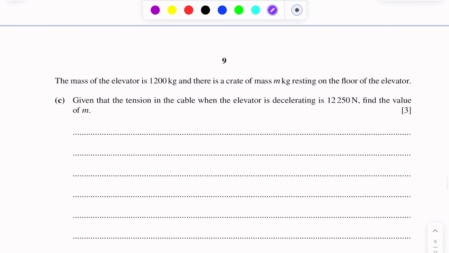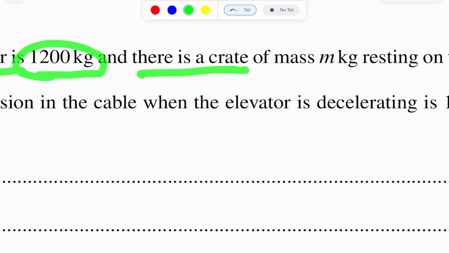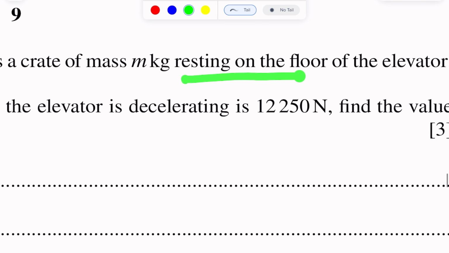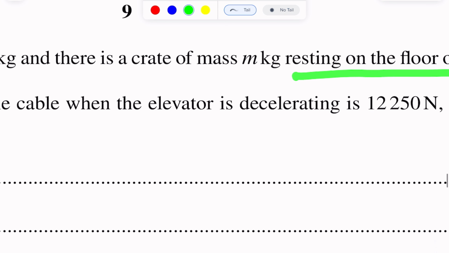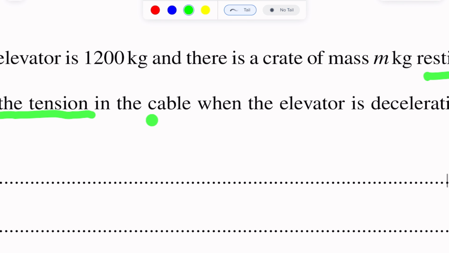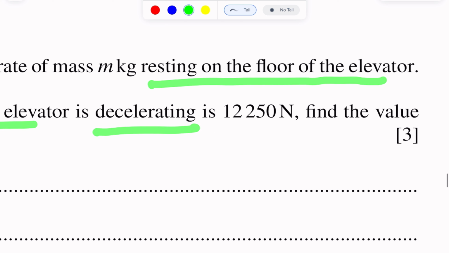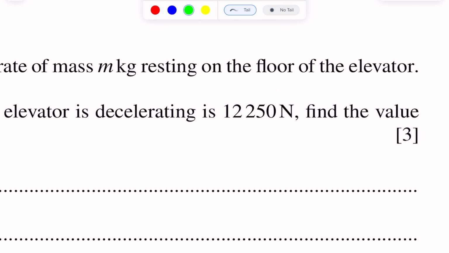Next part of this question is: the mass of the elevator is 1200 kg and there is a crate of mass m kg resting on the floor of the elevator. Given that the tension in the cable when the elevator is decelerating is 12250 Newton.